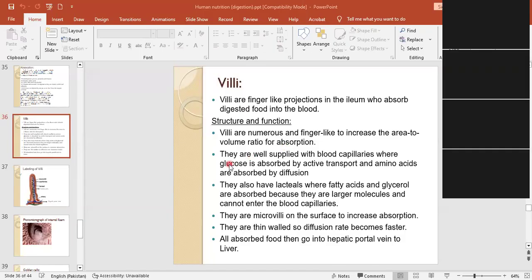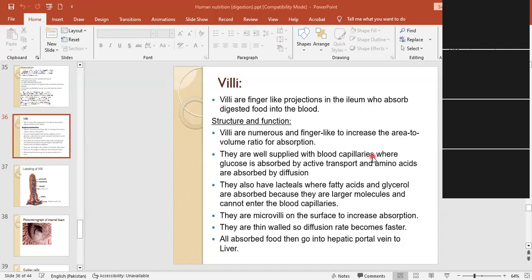Then we have the next point, the next key structure: they are well supplied with blood capillaries. Of course, the food is supposed to be absorbed into the blood. So it means that the structure should have a blood capillary supply. Like the alveoli: what the alveoli were doing was exchanging the gases from the blood and into the blood.